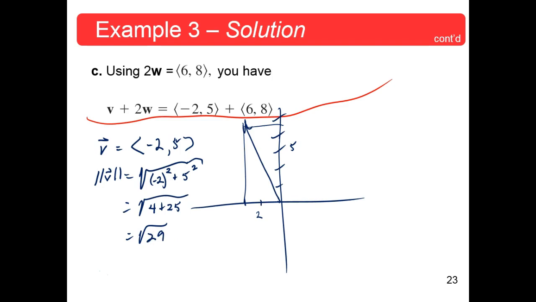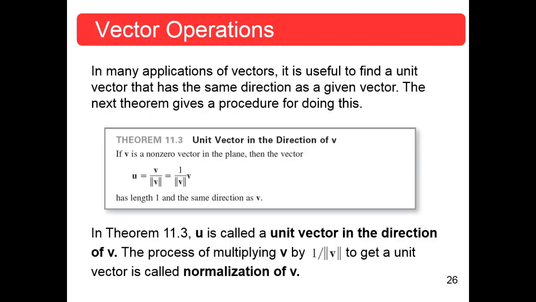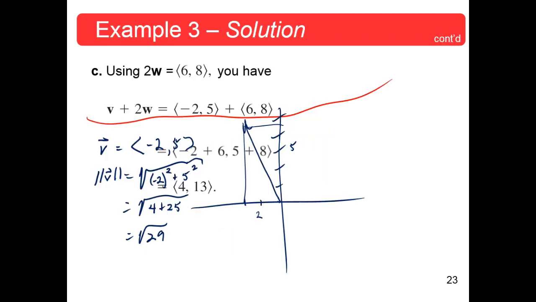So we got the magnitude. How do we find the unit vector that is in the same direction as v? Take the vector v and divide by its magnitude.